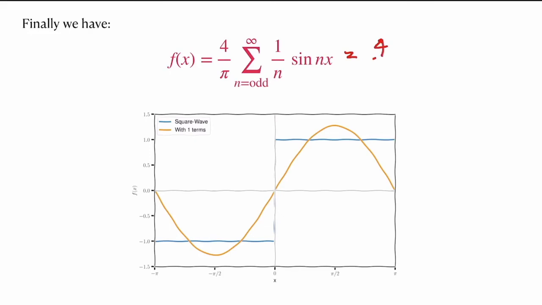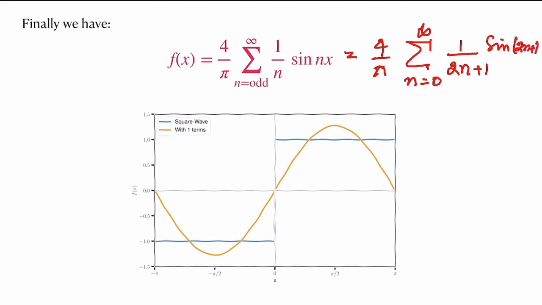We can write it as 4 by pi, sigma n equal to 1 to infinity, 1 by 2n plus 1, and then sin of (2n plus 1) x. So this would produce only odd terms. All the even terms are automatically getting cancelled.